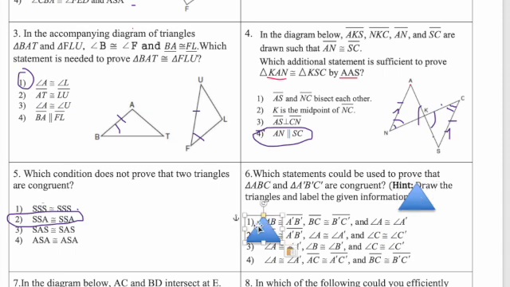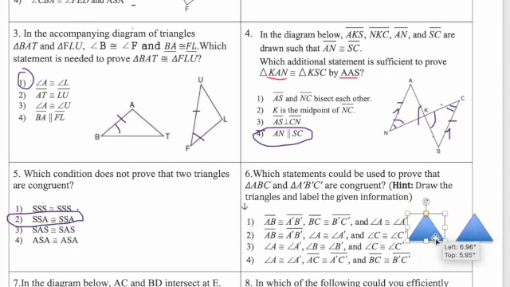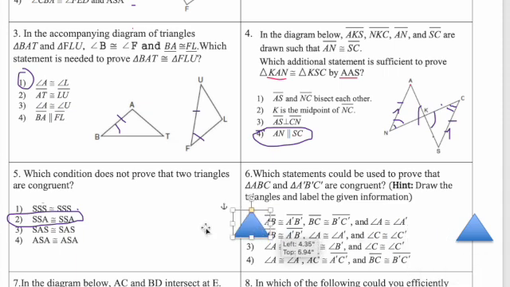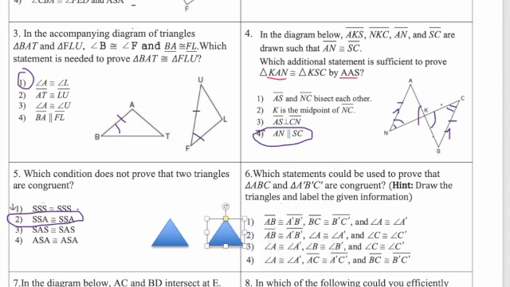I just need any triangles, and I'm going to label A, B, C, and A prime, B prime, C prime. Okay, these are probably not what the triangles would look like, but I need something to be able to work with.